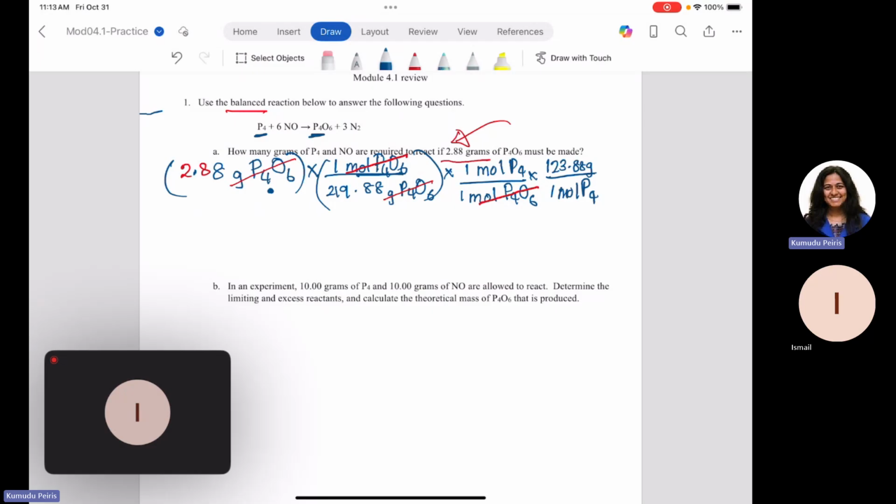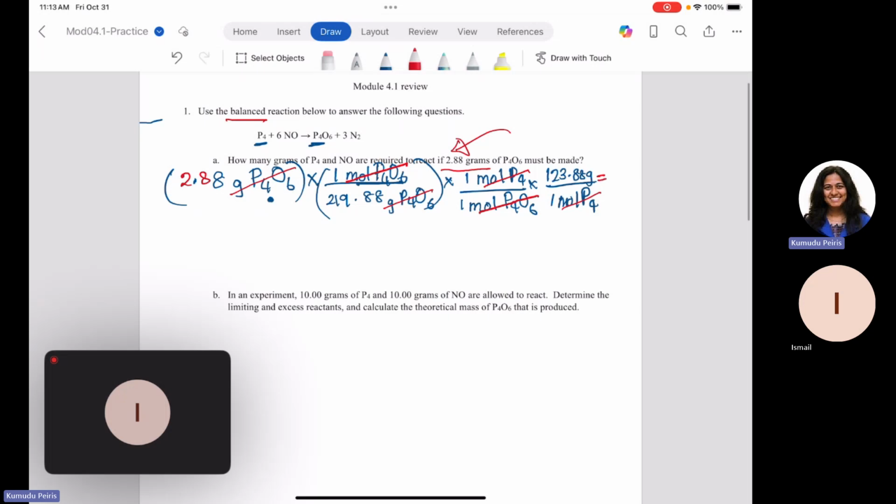Now you will see the moles of P4 to moles of P4 was cancelled out, and I'll get the answer as 1.62 grams of P4. Right. Do you have any questions?